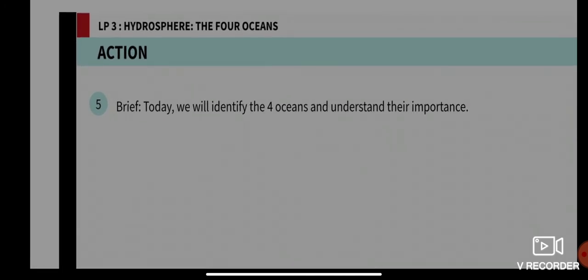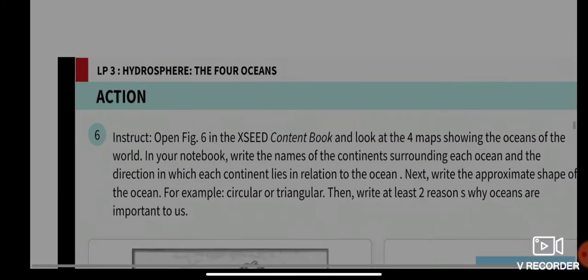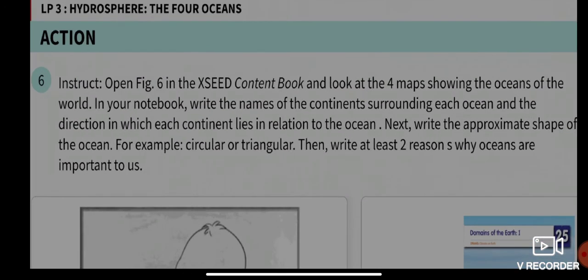Now today we will identify the four oceans and understand their importance. I want all of you to look at figure 6 in your content book, the map showing the oceans of the world.